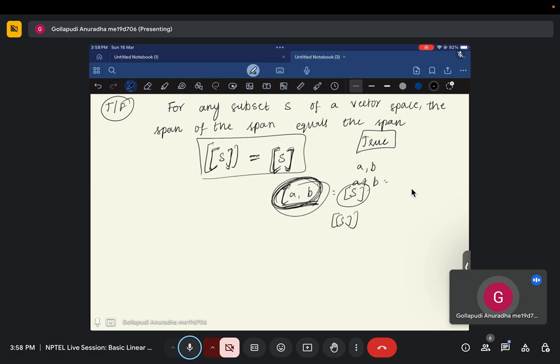Is there any doubt in this? Basically these two things will have the same span, because it's just a linear combination.